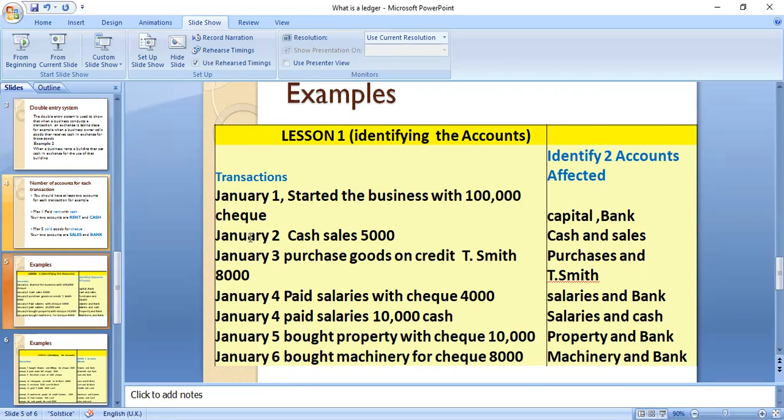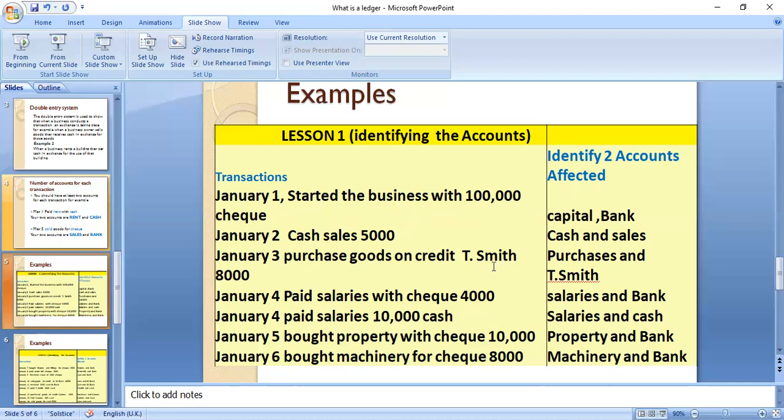Then we go on to January 2. It says cash sales, which simply means that we sold some goods and we received some cash. So the two accounts affected are cash and sales. January 3, purchased goods on credit from T Smith. The two accounts affected are purchases and T Smith.